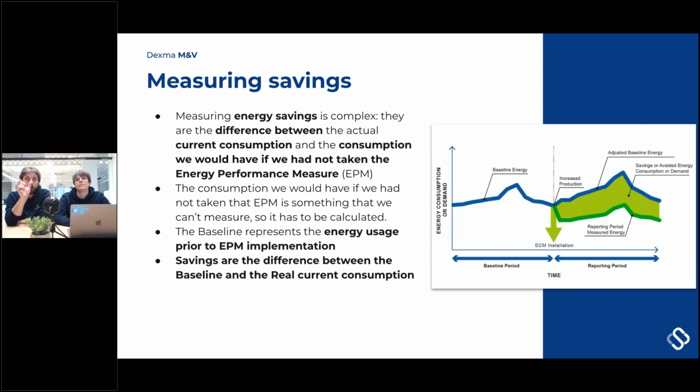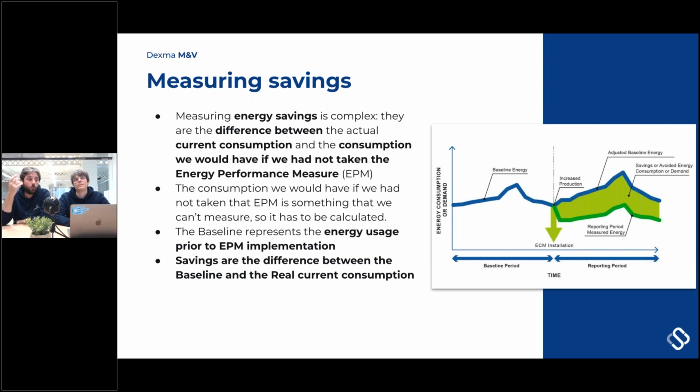When you are in the baseline period, before any energy performance measure is in place, we have our consumption. But at the moment when we install an energy conservation measure, then the consumption is lowered, and that's the green line on the chart.